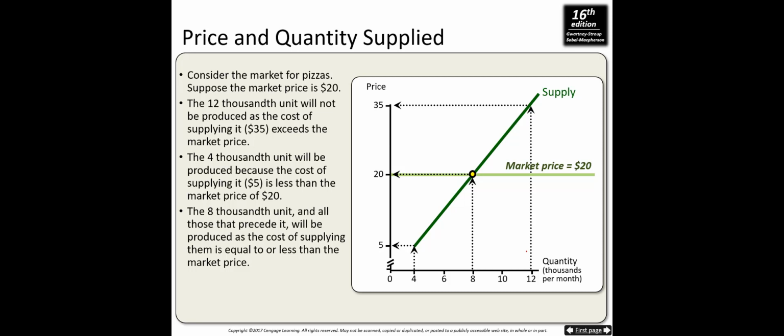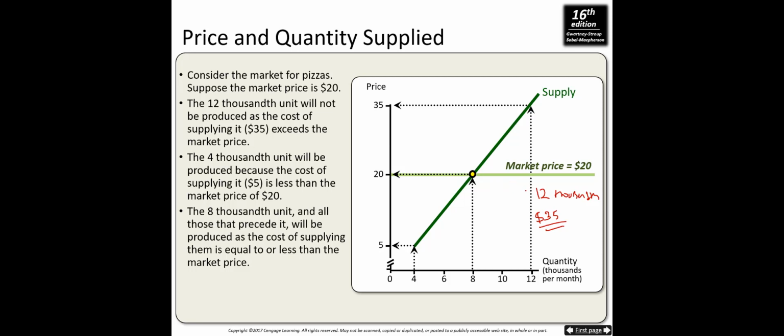Consider the market for pizzas again. Suppose the market price is $20. The 12,000th unit will not be produced if the price is $20, because to produce that additional unit, suppliers need $35 of resources. But the price is $20, so when they produce that unit, they can only sell it at $20.